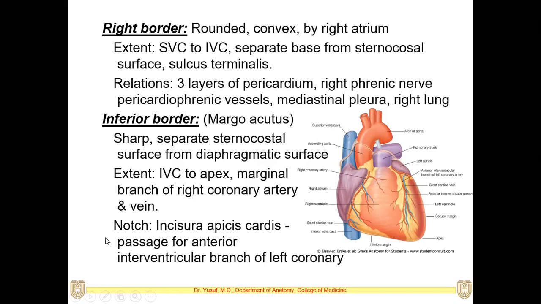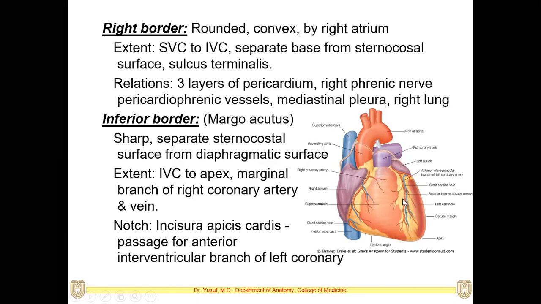Coming to the notch, there is a depression here that is called the incisura apicis cardis. Near the apex of the heart, just behind the apex, there is a notch, for the passage of the interventricular branch of the left coronary artery.